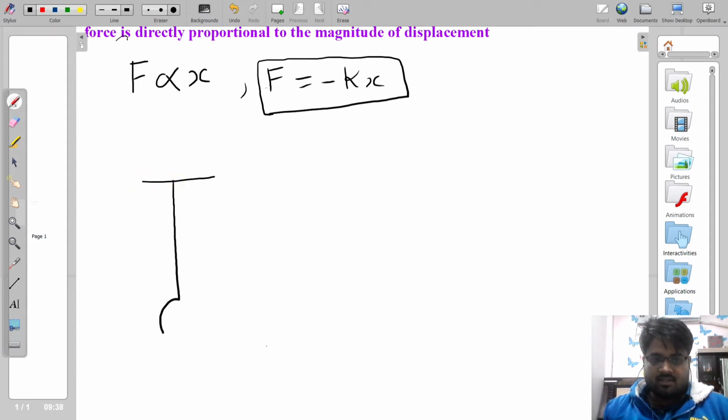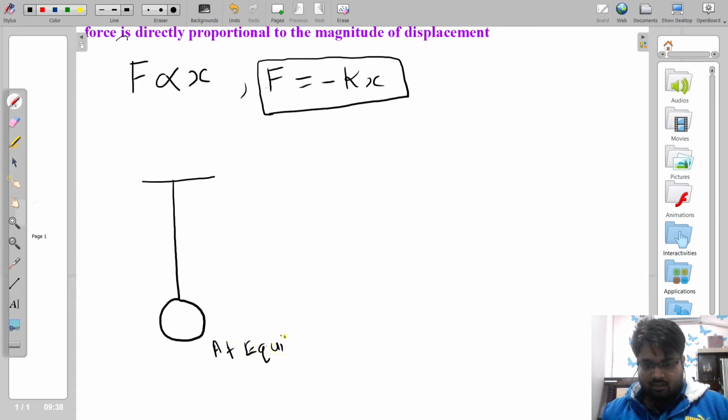Suppose this is a simple pendulum, and initially it is at equilibrium position. Because it is at equilibrium position, force is equal to 0.